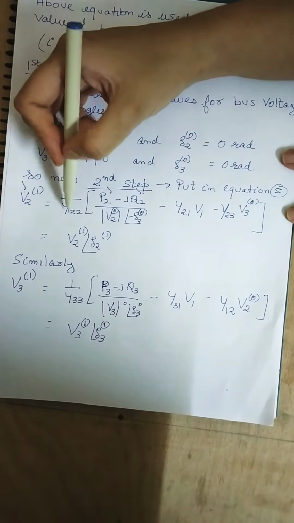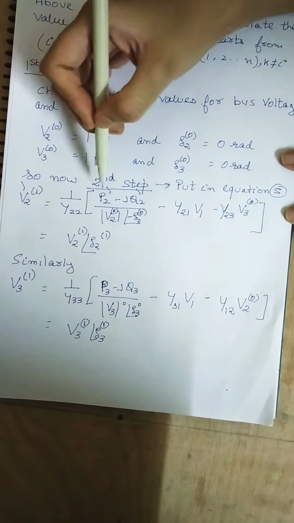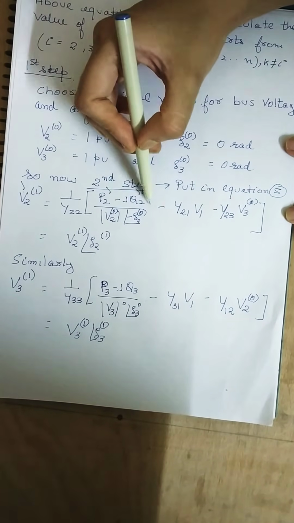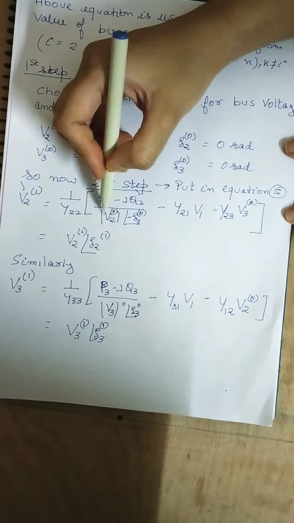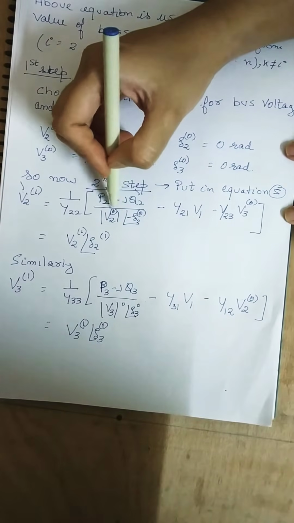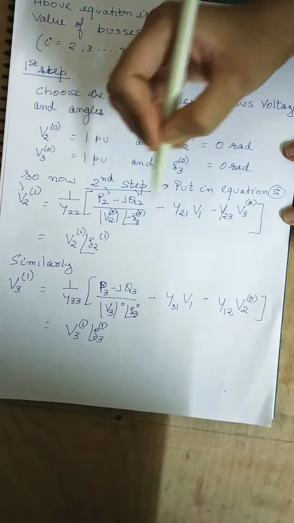So 1 upon Yii, that will be 1 upon Y22 bracket Pi minus jQi, P2 minus jQ2, upon Vi, here Vi with the conjugate, so we will take V2 with the conjugate. Because of the conjugate, there is a minus sign in the angle.